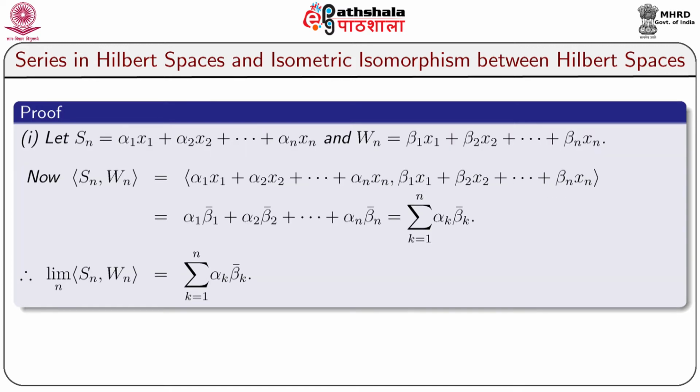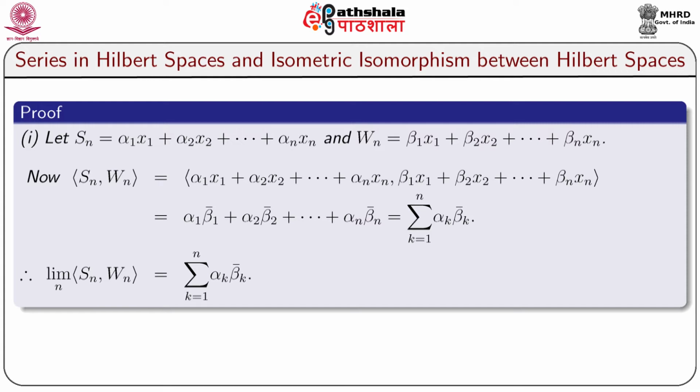For the proof of 1, let S_n equal alpha_1 x_1 plus alpha_2 x_2 plus dot dot dot plus alpha_n x_n, and W_n equal beta_1 x_1 plus beta_2 x_2 plus dot dot dot plus beta_n x_n. Now, inner product S_n comma W_n equals inner product of alpha_1 x_1 plus ... plus alpha_n x_n comma beta_1 x_1 plus ... plus beta_n x_n, which is equal to alpha_1 beta_1 bar plus alpha_2 beta_2 bar plus dot dot dot plus alpha_n beta_n bar, which is equal to sigma k equal to 1 to n alpha_k beta_k bar.